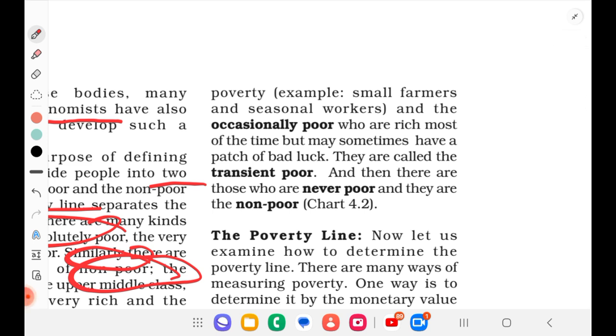And the occasionally poor, who are rich most of the time but may sometimes have a patch of bad luck, are called transient poor. And then there are those who are never poor, and they are non-poor.